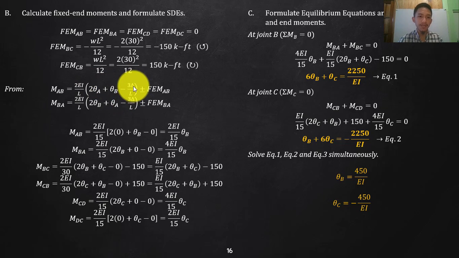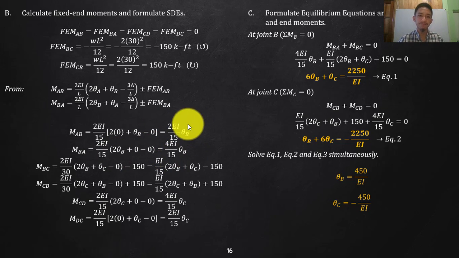We expect that your 3 delta over L here will be 0, since there is no deflection, no sidesway. So MAB is 2 over 15, 2 times theta A. Theta A is 0, but theta B is unknown and delta is 0, and so forth.